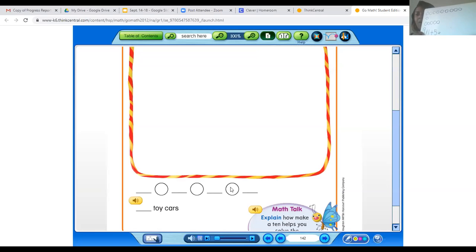So let's count them all up. 1, 2, 3, 4, 5, 6, 7, 8, 9, 10, 11, 12, 13, 14, 15. Very good. So 9 plus 1 plus 5 is equal to 15.